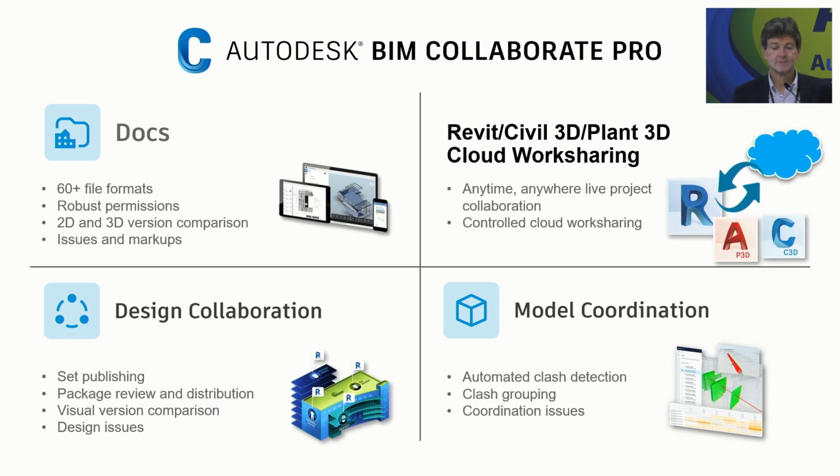And the most equipped service from our perspective is BIM Collaborate Pro, which enables cloud work sharing for Revit, Civil 3D, and Plant 3D. Really live, working live on the project in the cloud.